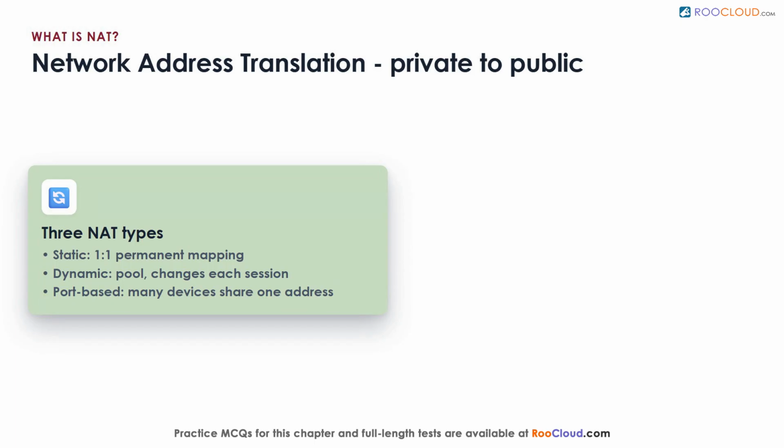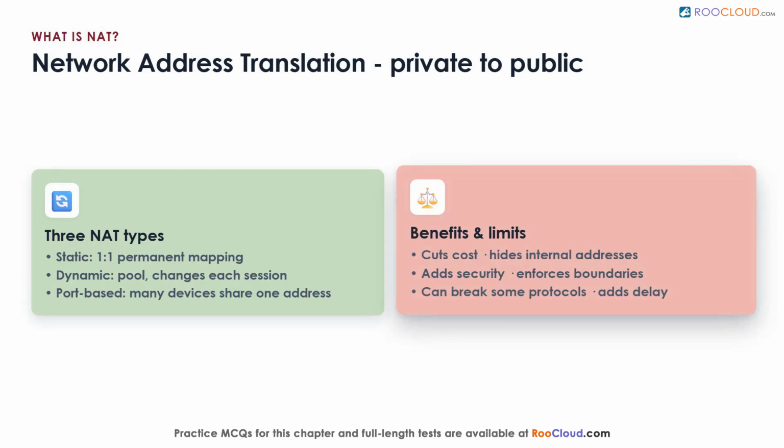And port-based translation lets many devices share a single public address. The benefits are strong. It cuts cost, hides your internal addresses, and adds a layer of security. It also makes network boundaries easier to enforce. But it has limits too. It can interfere with some protocols and add delay.